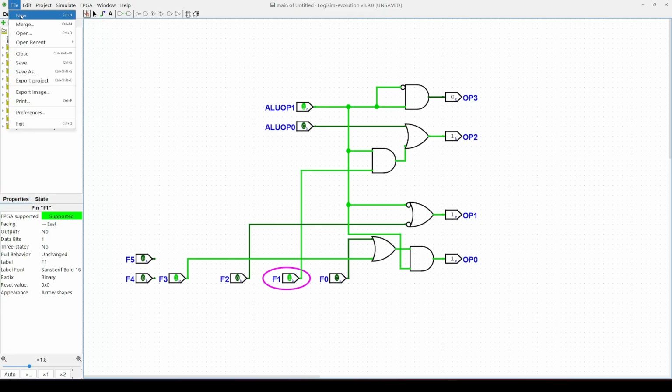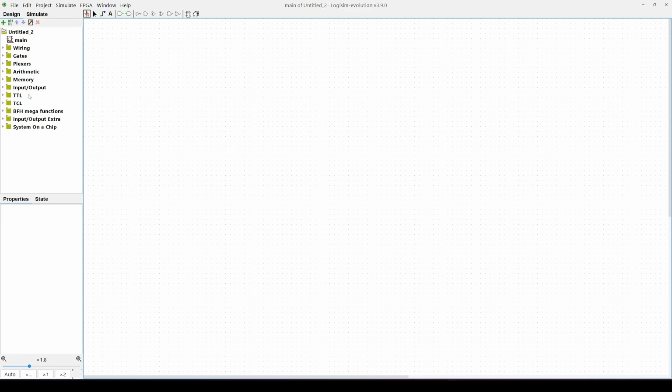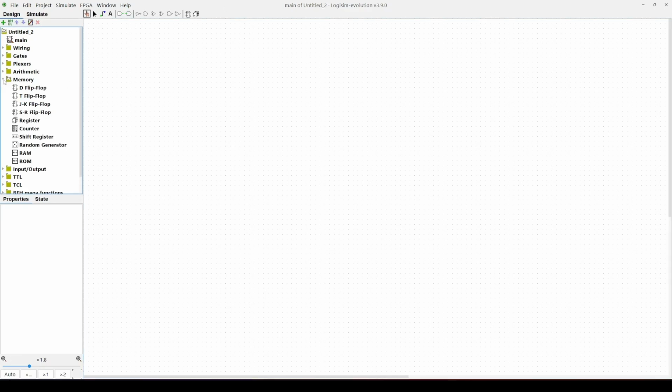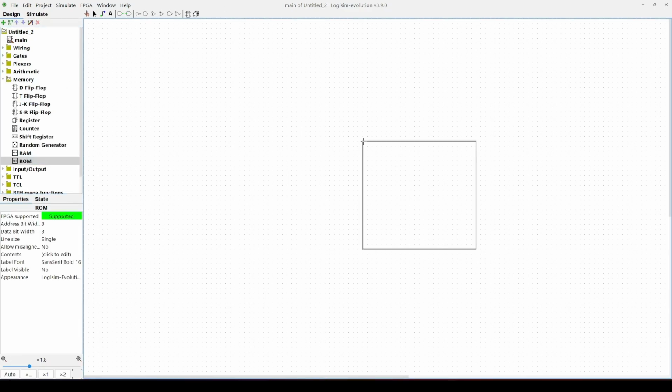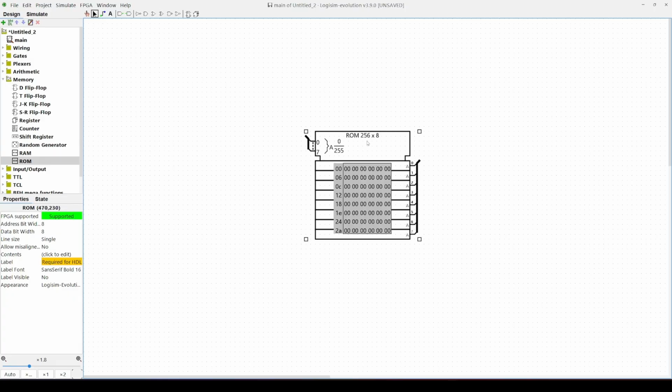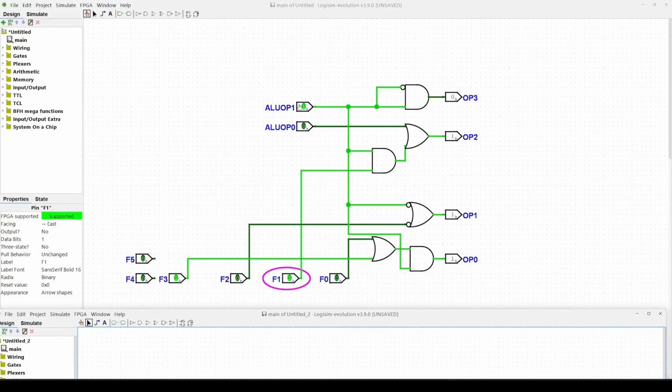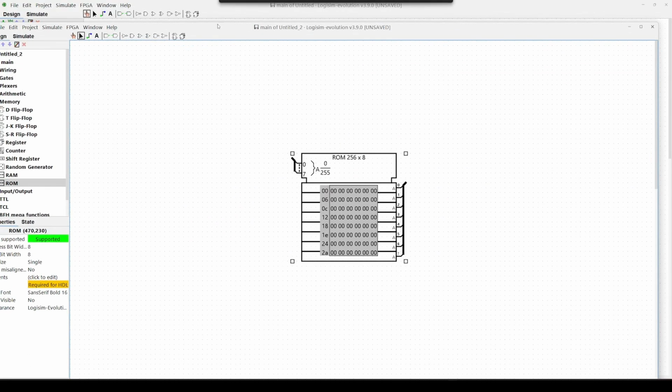However, we want to build this as a ROM because it will facilitate things, and it looks nice too. So all we have to do is define that we have 8 addresses, because these are the inputs. So 1, 2, 3, 4, 5, 6, 7, 8. 8 addresses, which we do.